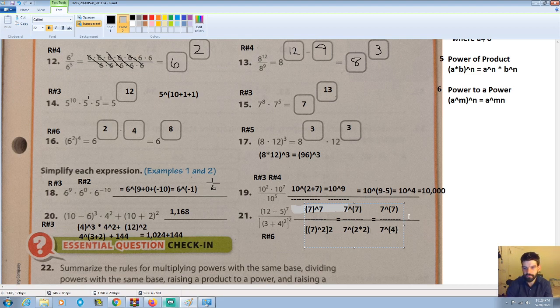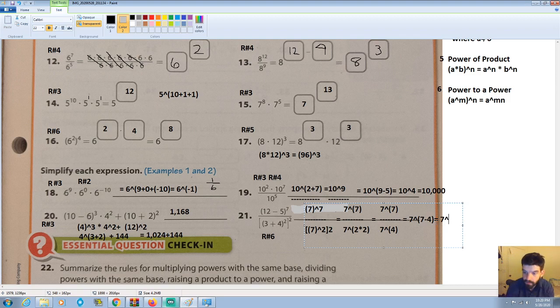And that's going to then be equal to the quotient of these two like bases. So now we're going to subtract the exponents here, so this is going to be 7 minus 4, which is going to be equal to 7 cubed.